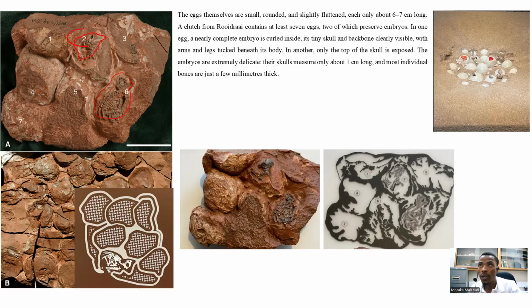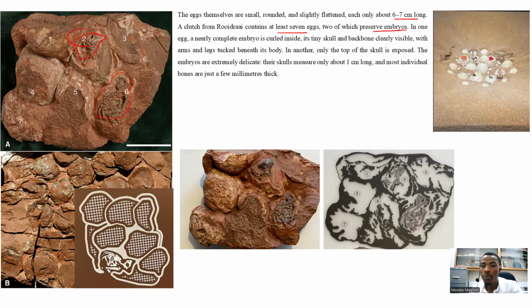They've used what you call a CT scan to determine the teeth and to reconstruct the bones, the teeth, and other things, which we will talk about in a few minutes. The eggs themselves are small, rounded, and slightly flattened, each only about 6 to 7 centimeters long. The eggs at Rooidraai contain at least 7 eggs, two of which preserve embryos.